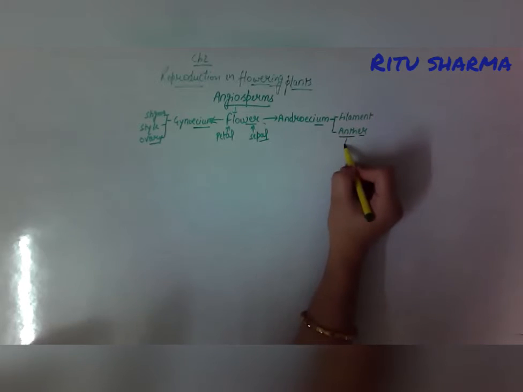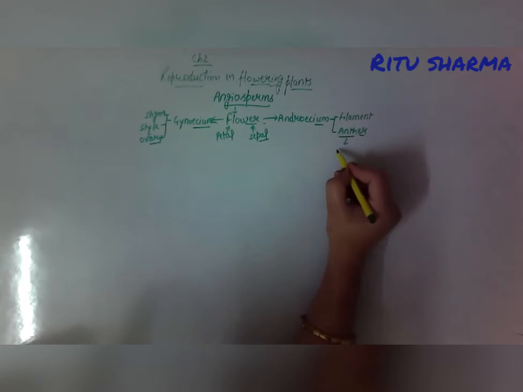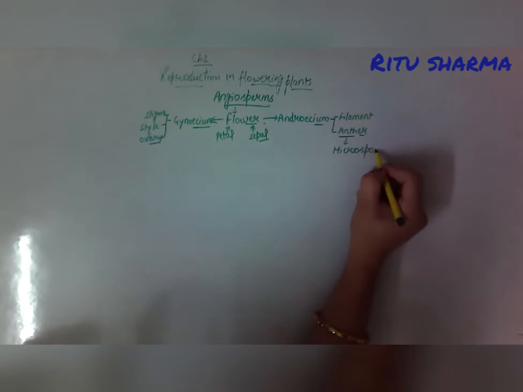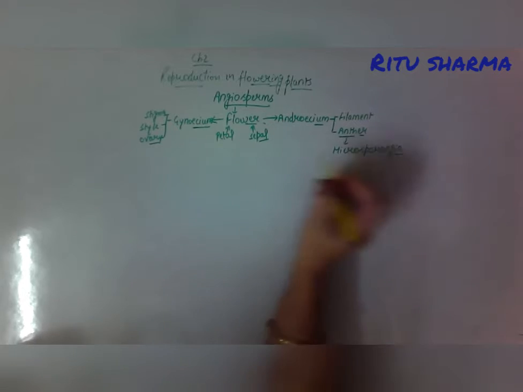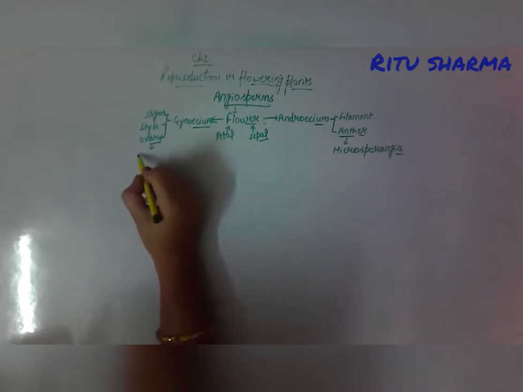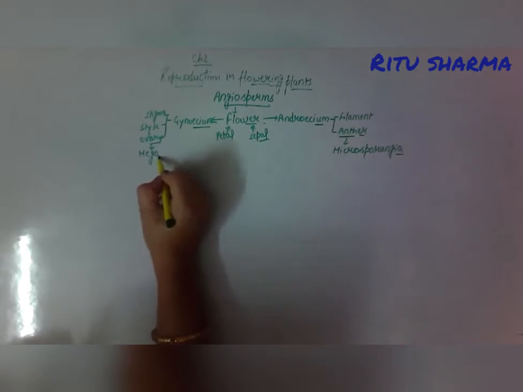Here, anther acts as microsporangia, while ovary acts as megasporangia.